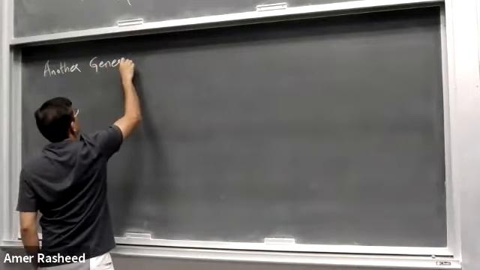We can write it in this form: a n of x dn y by dxn plus a n minus 1 of x dn minus 1 y by dxn minus 1 plus so on plus a2 of x d square y by dx square plus a1 of x dy by dx plus a naught of x y is equal to some kind of function f of x.